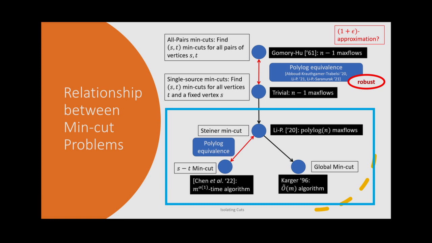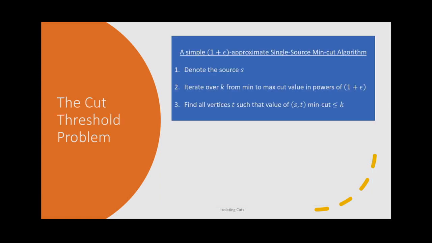So let me give you a trivial sounding framework for this problem. And here's my framework. I denote my source S, this is given to me. Now I iterate over values of k in powers of 1 plus epsilon.